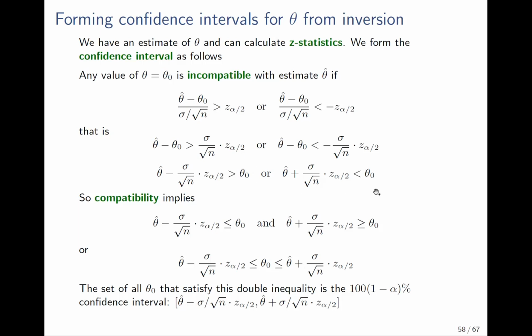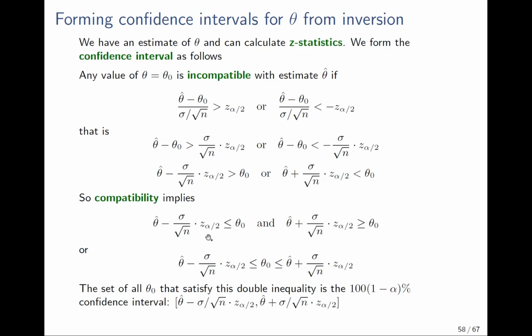If we turn the greater than into a less than or equal, and the less than into a greater than or equal, that gives compatibility. In other words, all the values of theta naught that are compatible with our estimates can be written in that expression.